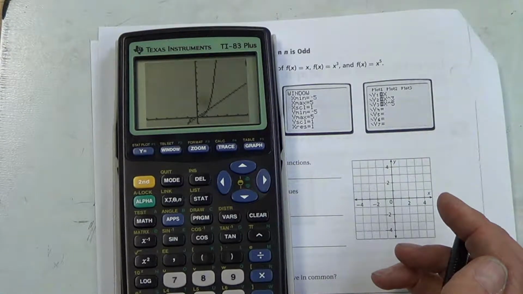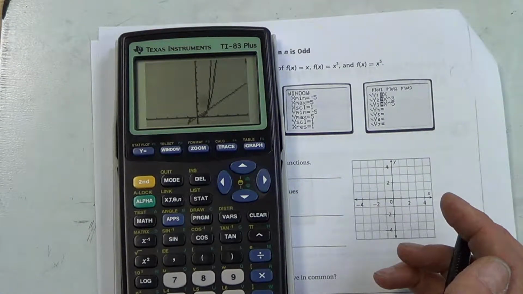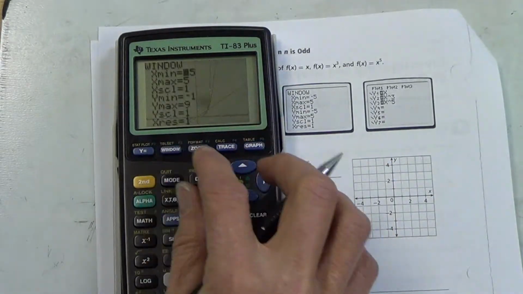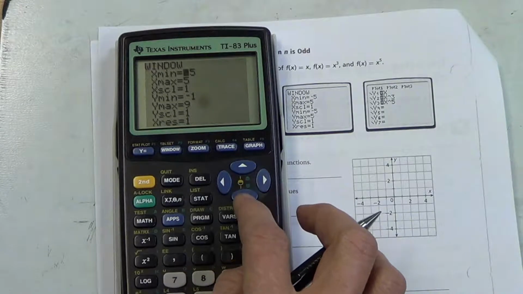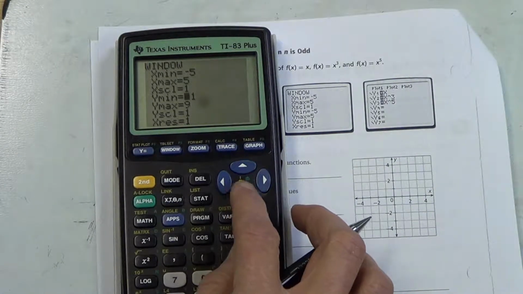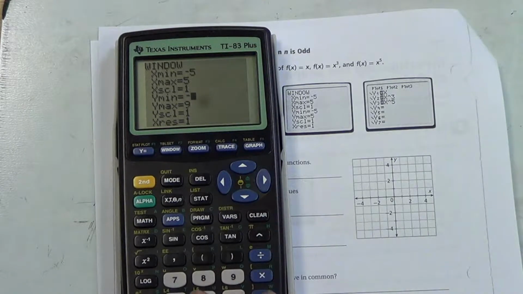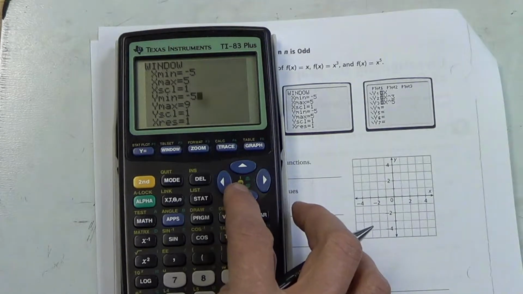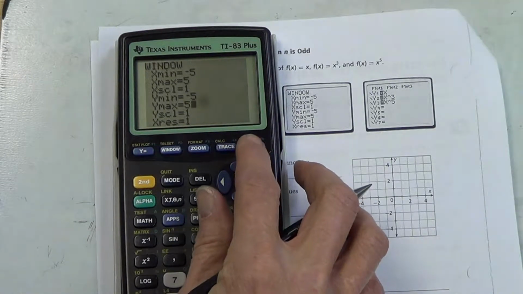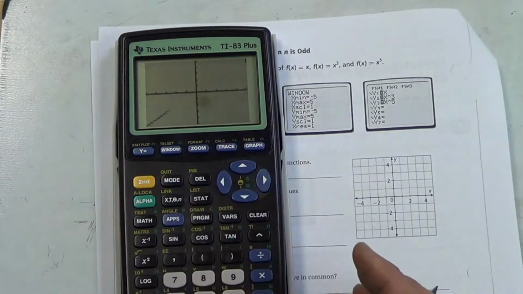We've got the window set as they ask on the front page. And we need to go down to a different setting on our window to see the bottom part of that. Oh, I see. On their y minimum, they recommend a -5, and their y maximum at a +5. Okay, now we'll go to the graph.